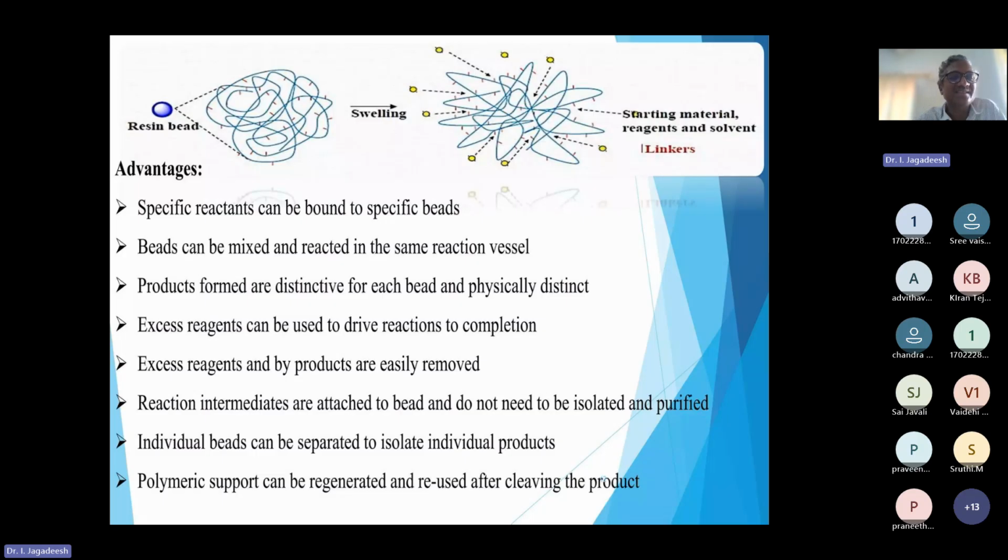So the advantage is that specific reactants can be bound to specific beads. The same beads can be used for the multiple reactions and syntheses required in high throughput screening.